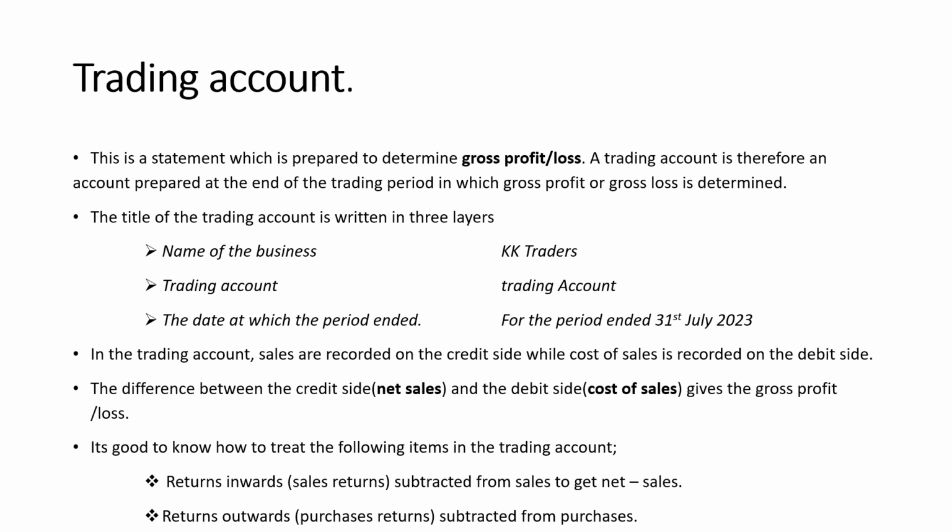Before we look at the format and drawing of the trading account, it is good to know how to treat some items. For instance, returns inwards. Returns inwards are also called sales returns. These are goods which were once sold to the customers, but they have been returned back to the business because of various reasons.